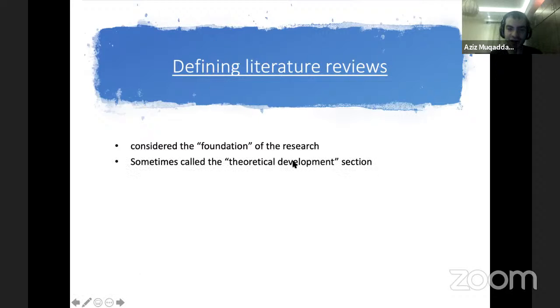So to define literature review, it's like the theoretical framework. If you remember what I mentioned about defining what theory is, we mentioned that it's not enough to say X is related to Y. If you remember when we talked about exploratory and explanatory, theory is always, by nature, explanatory.